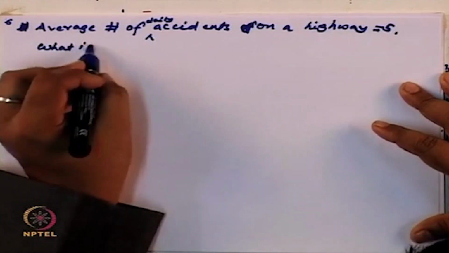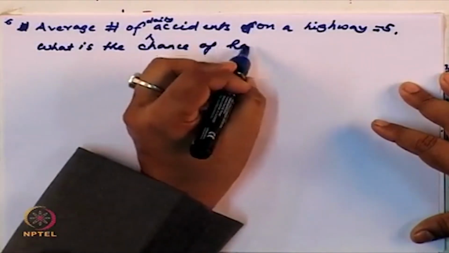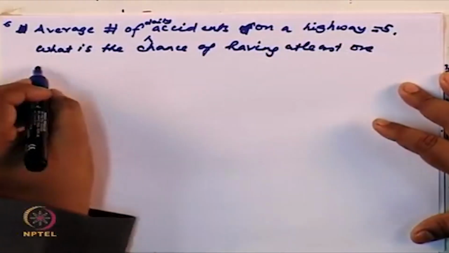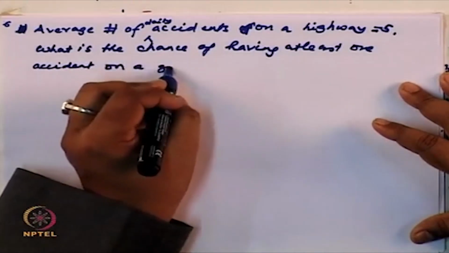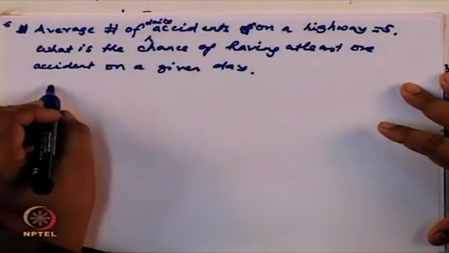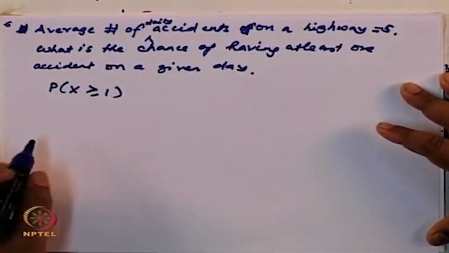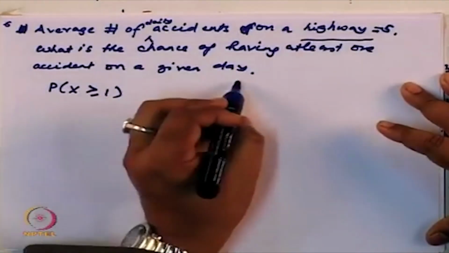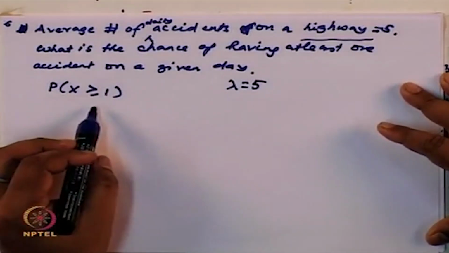What is the chance of having at least one accident on a given day? So, what we want to do is calculate the probability of x greater or equal to 1. Your average number of accidents on the given highway is 5, which means that this is the parameter lambda. So, lambda is equal to 5. So, we want to calculate probability of x greater or equal to 1.